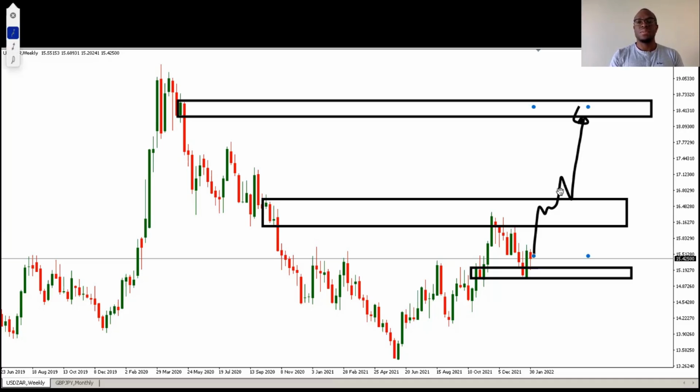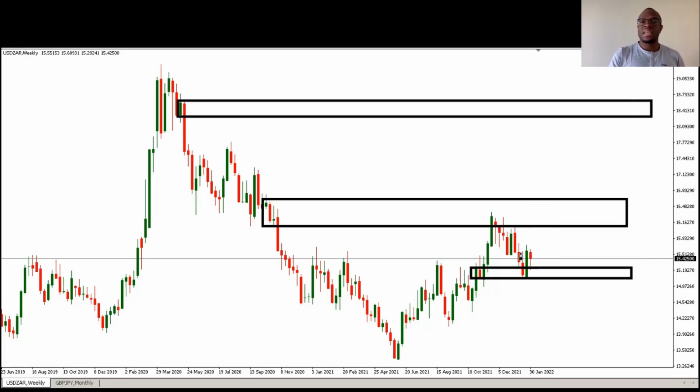So this is the first bullish scenario. The other bullish scenario is that this movement may only end at 16.48280 in this supply area.